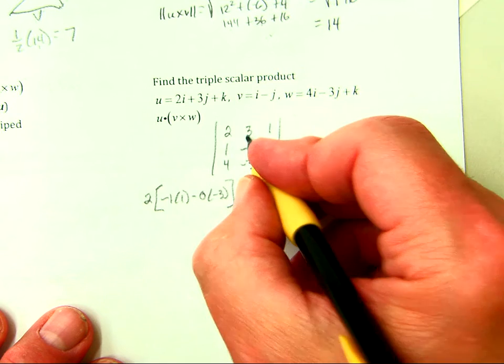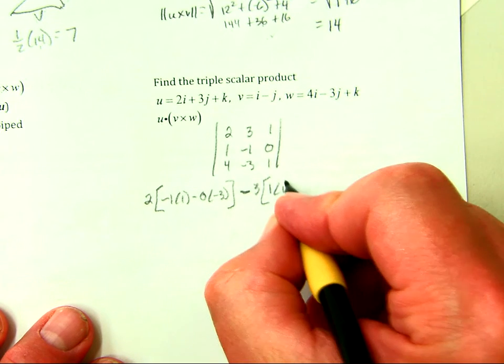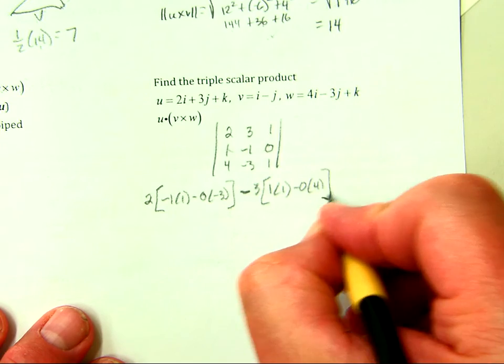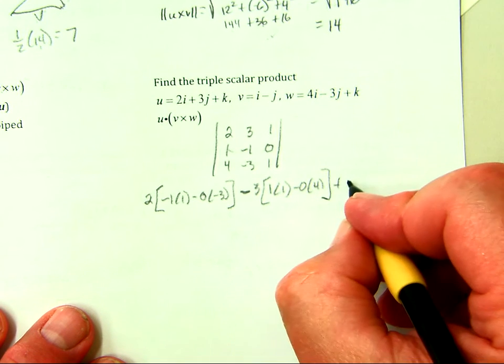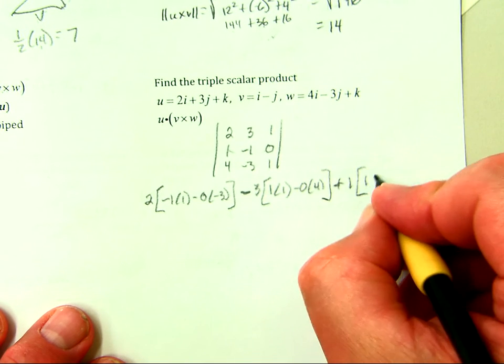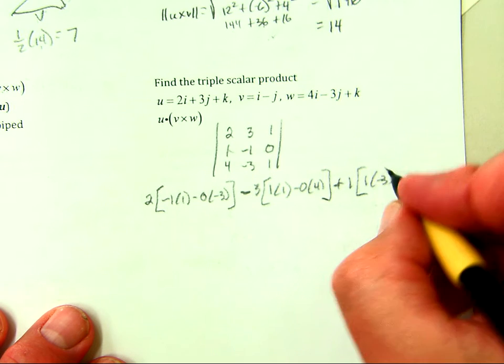Minus, then we're going to have a 3 times the outside 4, so that's 1 times 1 minus 0 times 4. Then it's plus the last one, 1 times the lower left, that's 1 times negative 3 minus negative 1 times 4.